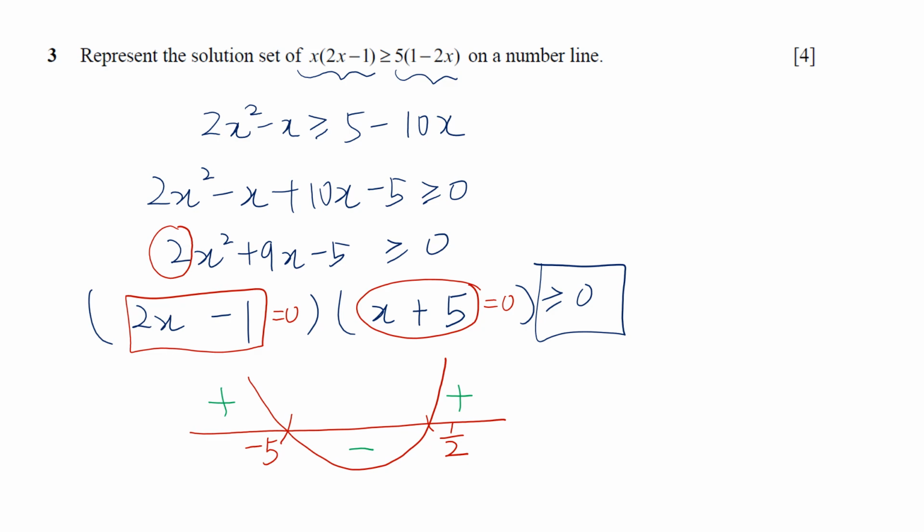We are solving it in terms of x, so the answer must be in terms of x. So there should be two sets of inequality here. The first set of inequality will be x is less than or equal to -5. All right, then the second one is from here, which is all x more than or equal to half.